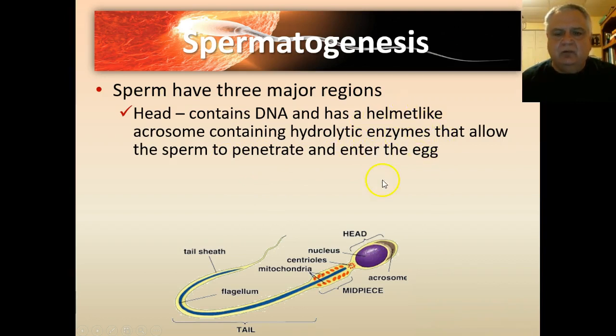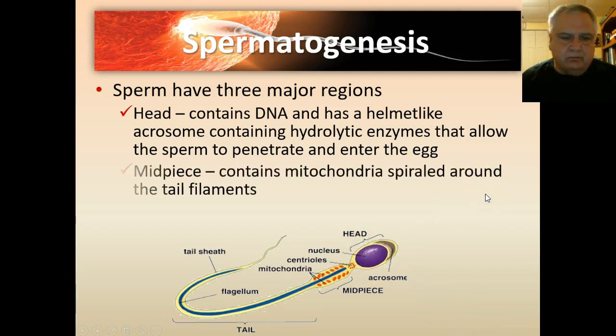The enzymes will be released by the acrosome if the sperm cell comes in contact with an egg cell. They will essentially dig through the outer layer of the egg to allow the sperm cell to penetrate the egg and deliver its genetic contents, the DNA or the chromosomes, to the egg.